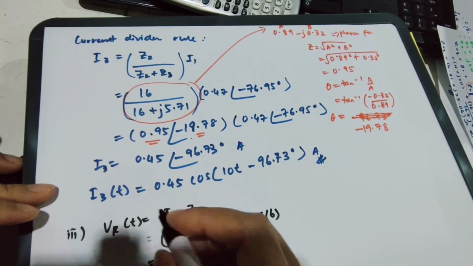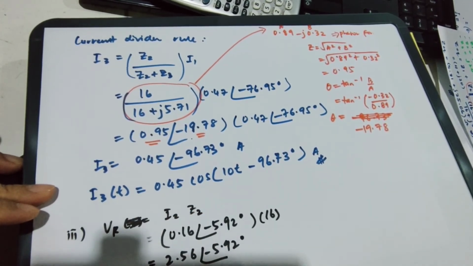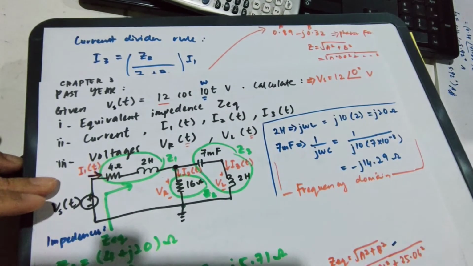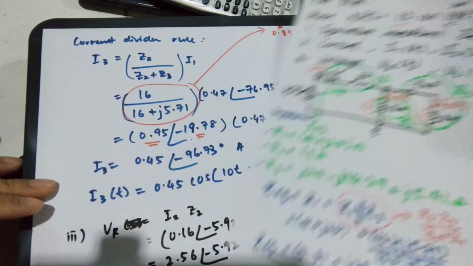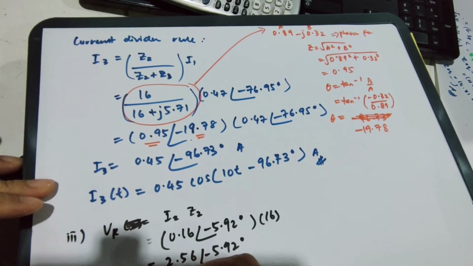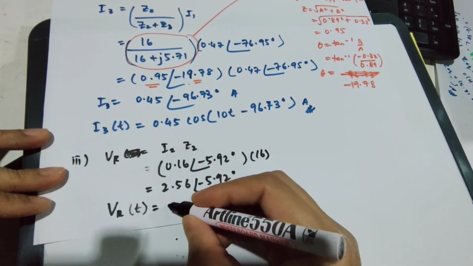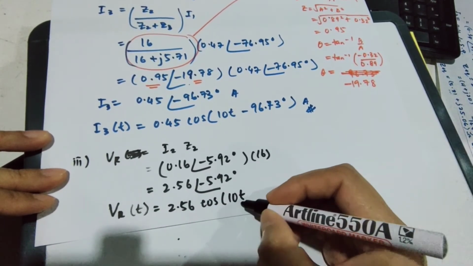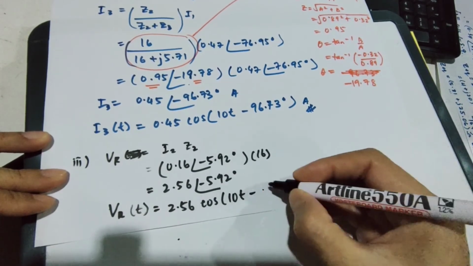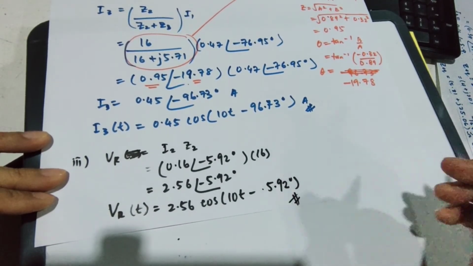So sorry, this is not VRT yet, so this is in phasor form. Now we change VR. Since the question is asking VRT, VLT in time domain, we change it into a time domain. 2.56 cos 10t, or omega t, negative 5.92. So this is the answer for VRT.